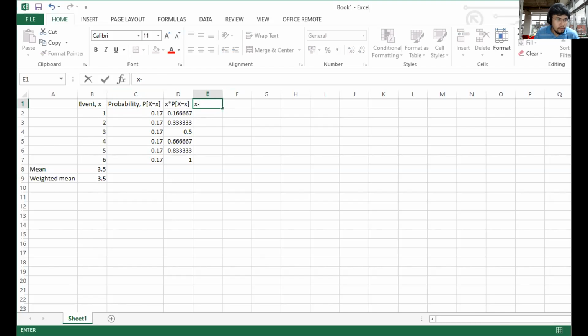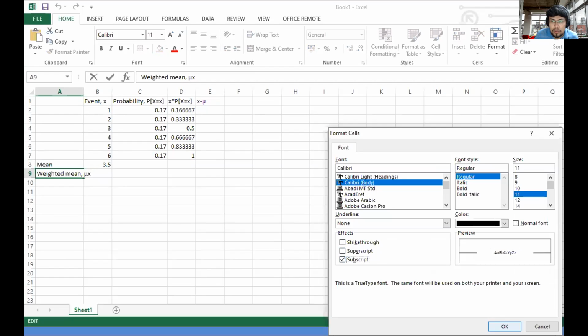So you have mu x, and so we have the character mu, referring to mu x, as a subscript.